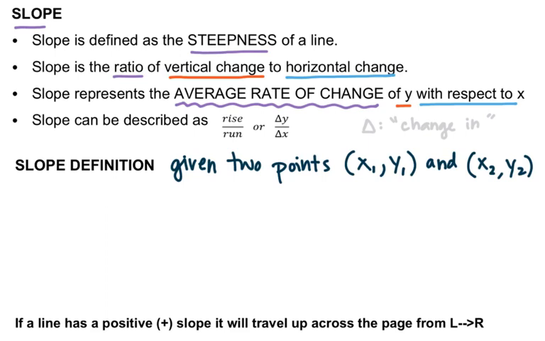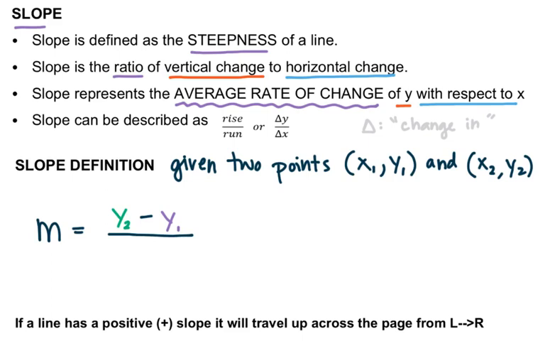So if we are given 2 unique points, point 1 and point 2, we can define slope, and remember we already mentioned this, slope is defined by the variable m. We'll say that slope is the change in y over the change in x. Well, the change in y would be y sub 2 minus y sub 1.